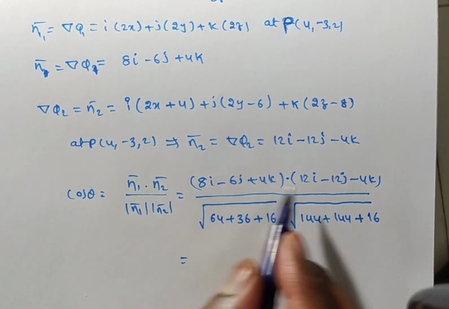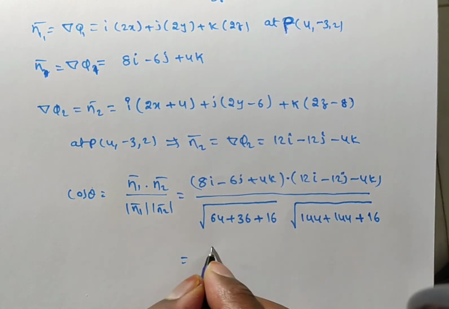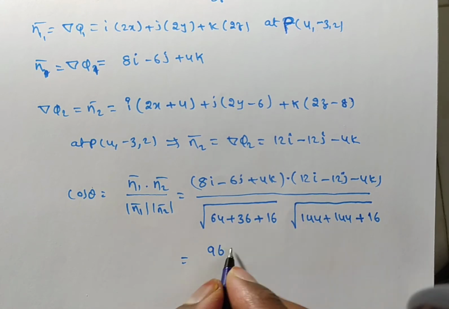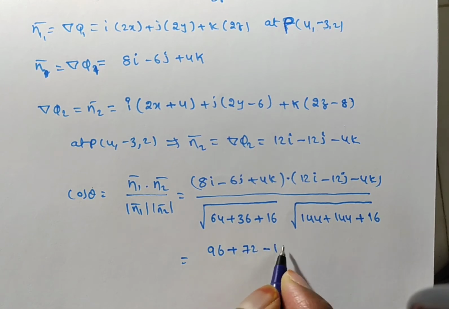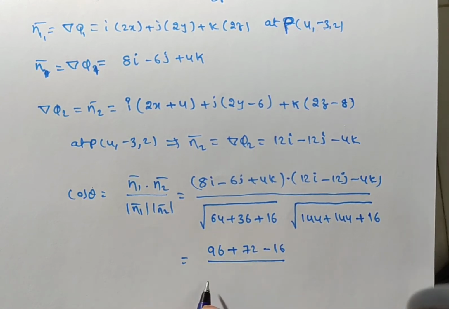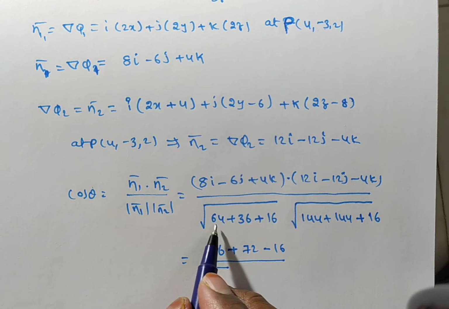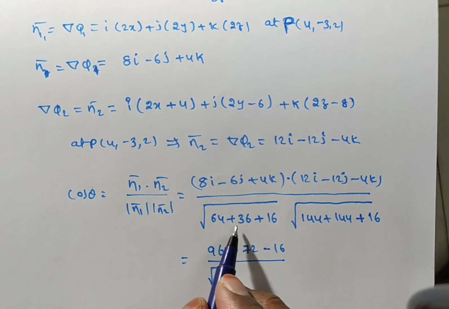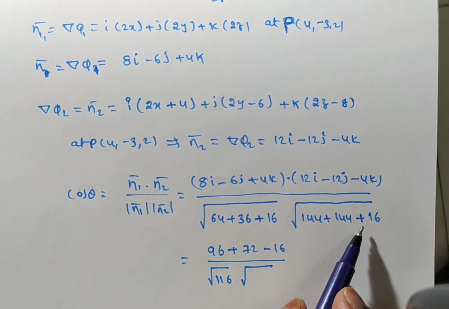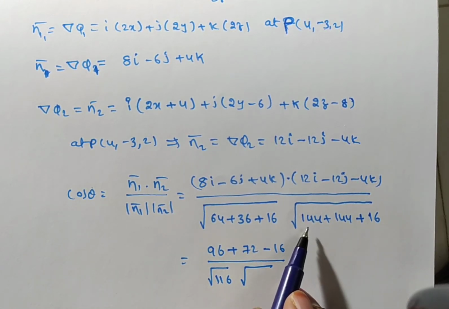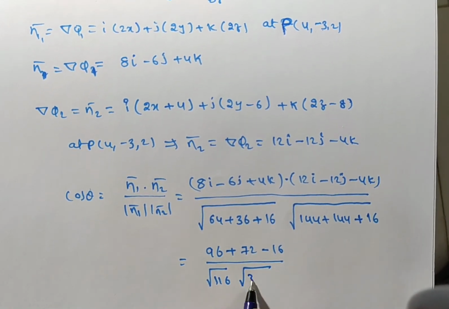In the numerator, 8 12s are 96, next minus into minus, plus 6 12s are 72, plus into minus, minus 16, divided by square root of, what I have, this is 64 plus 36 is 100, so this is 116, again square root of 144 plus 16, that is 160, 160 plus 144 is 304.